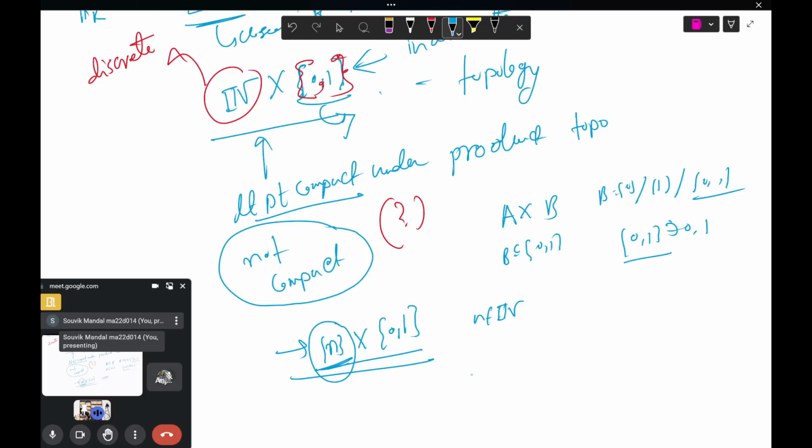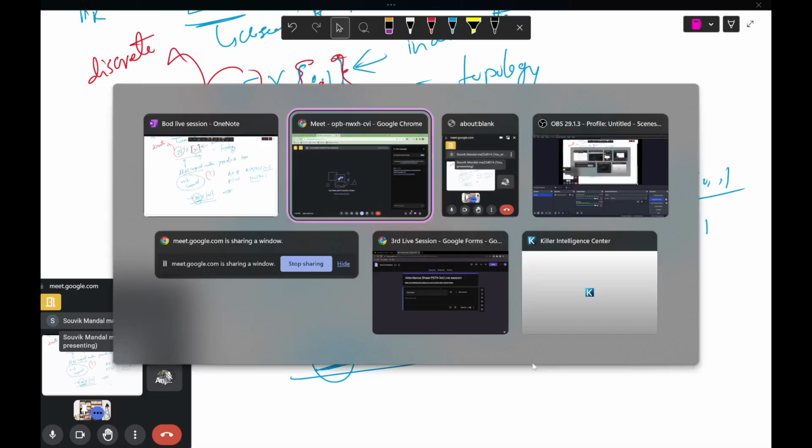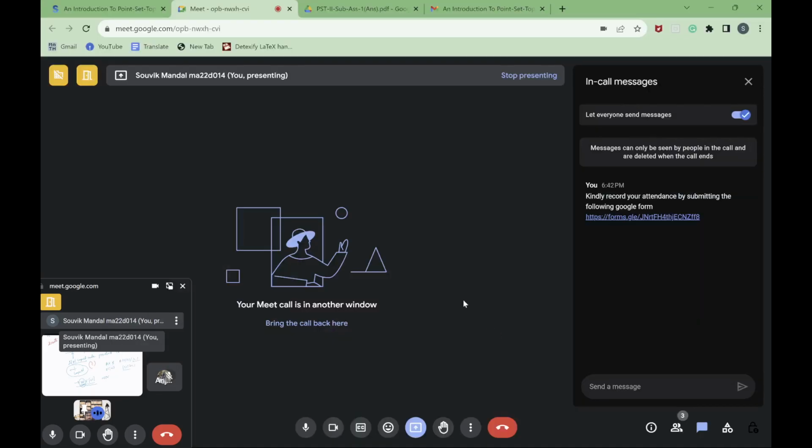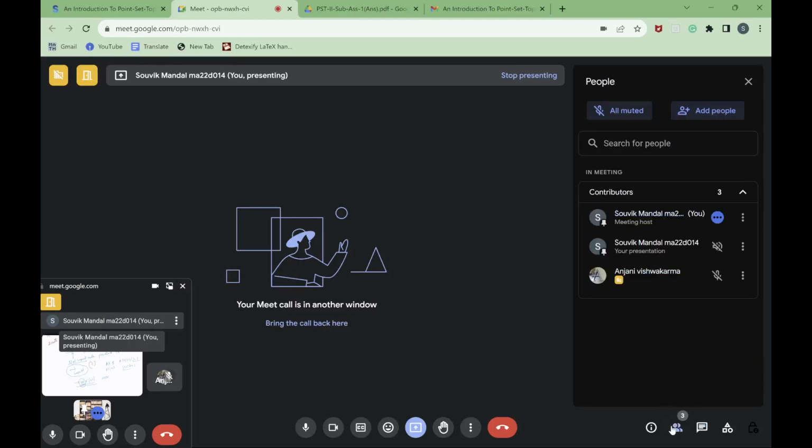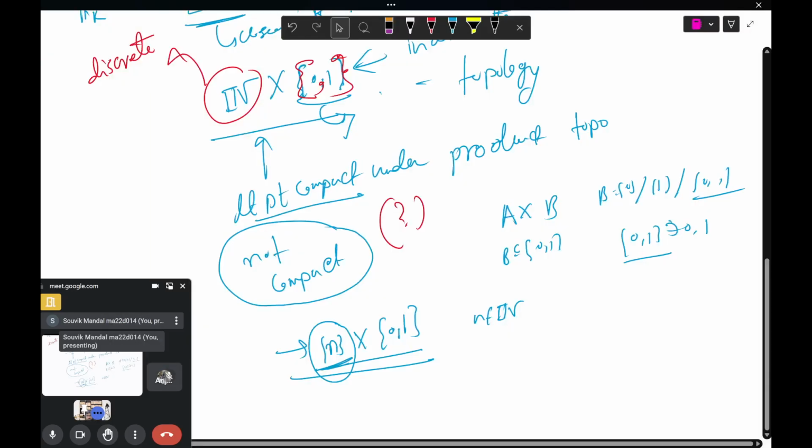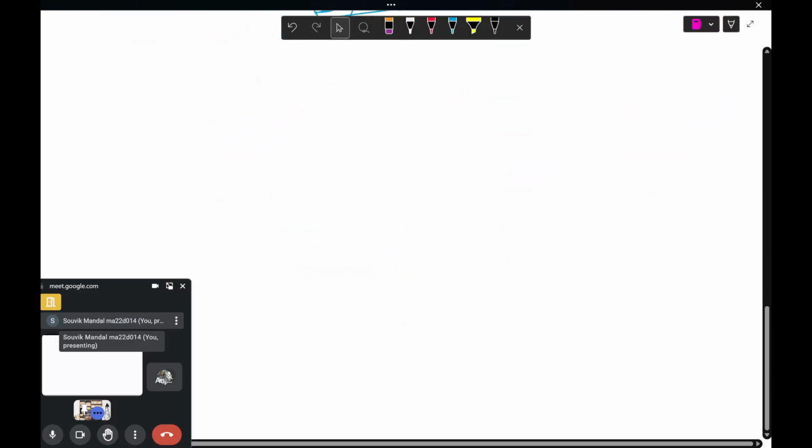So, do you know about local compactness? Please tell me.